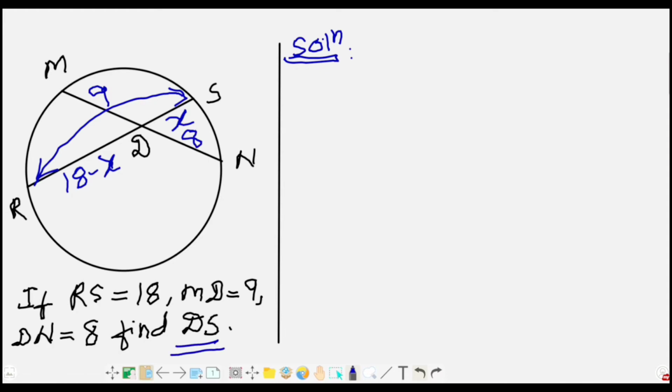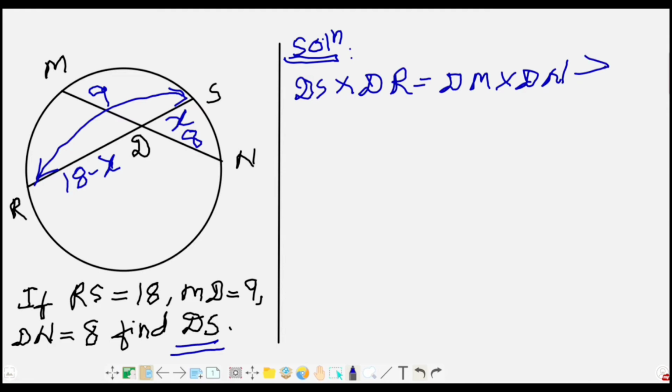So the same way we will apply. Your DS into DR will be equal to DM into DN. What's the property, students? Theorem of internal division of chords or secants.